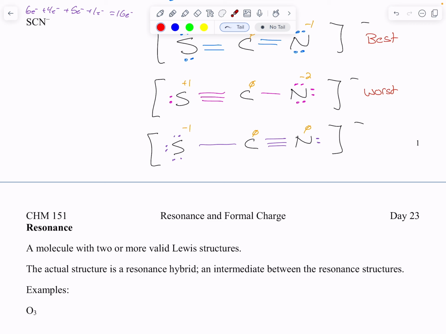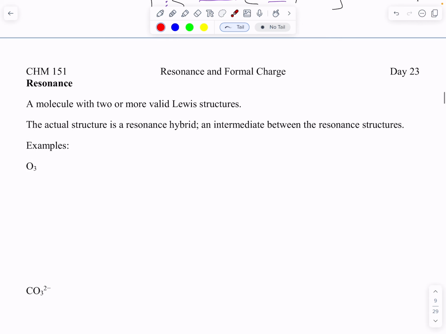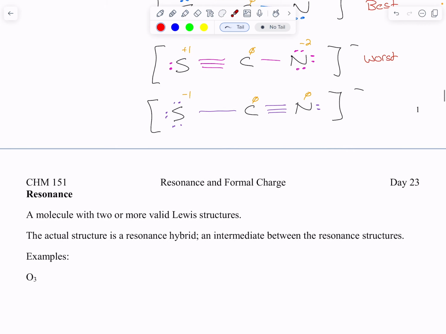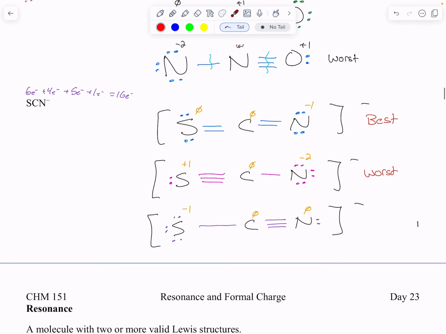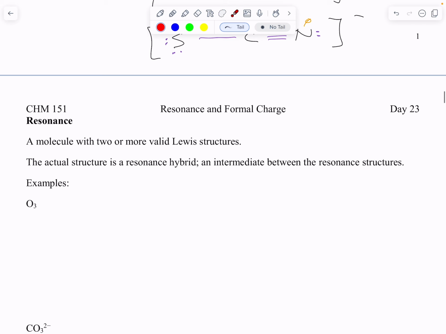But they're still technically resonance structures. If you take organic chemistry, those are resonance structures. Just in Chem 1, we don't really dive into that. We do this, O3. All right? So, by the way, formal charge tells us which is the best resonance structure. Whereas here, they just have resonance.